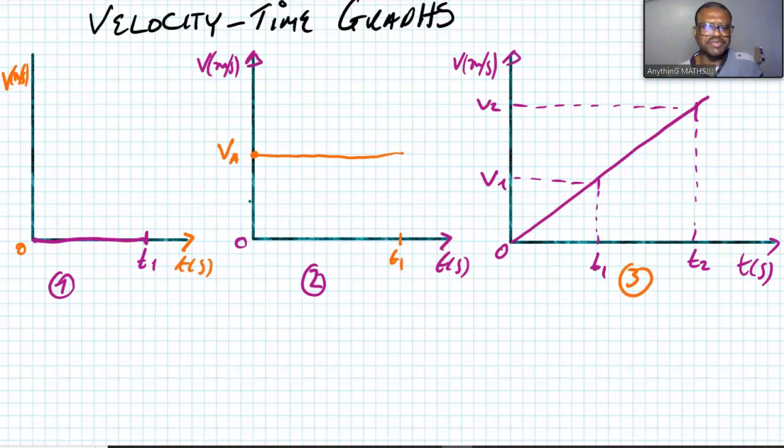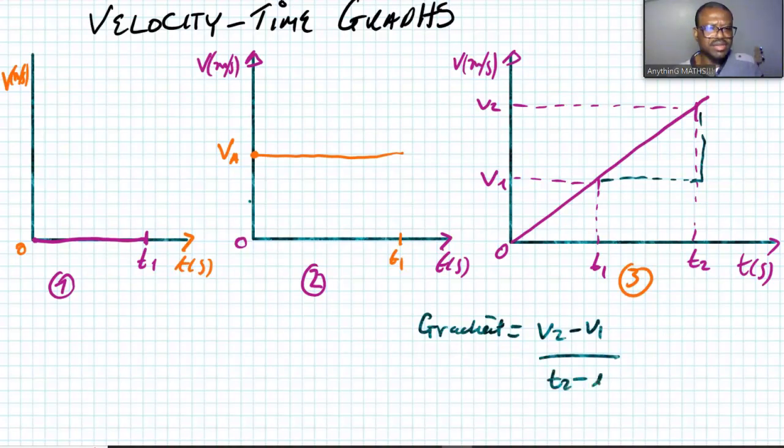The gradient with respect to graph 3 will be change in V, which is V2 minus V1, all over T2 minus T1. And this is the definition of acceleration, isn't it?